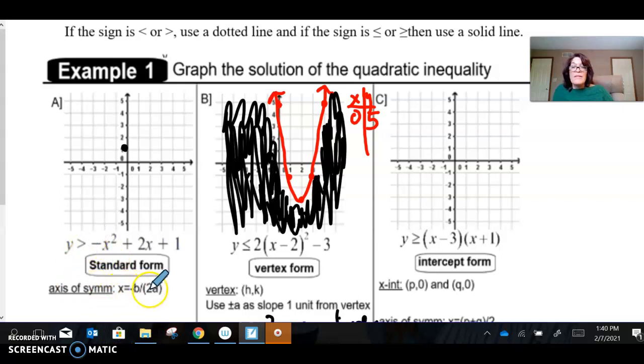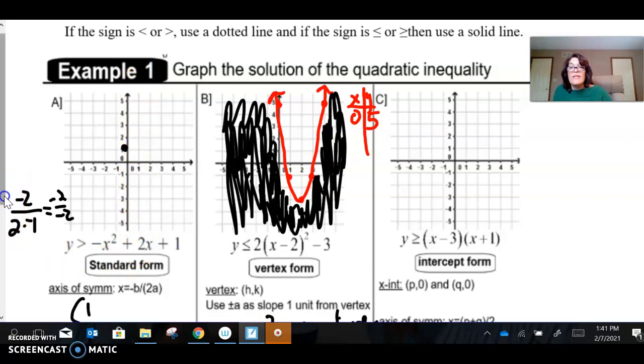I remember the axis of symmetry is always at the opposite of b over twice a. Let's see, that would be -2 over 2 times what's a? -1. So -2 over -2. That's +1. So my axis of symmetry, what's going to cut this in half, is right here at x equals 1.